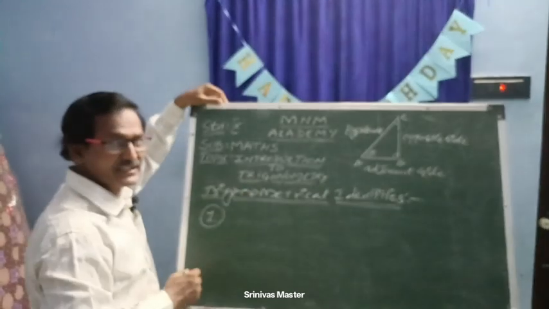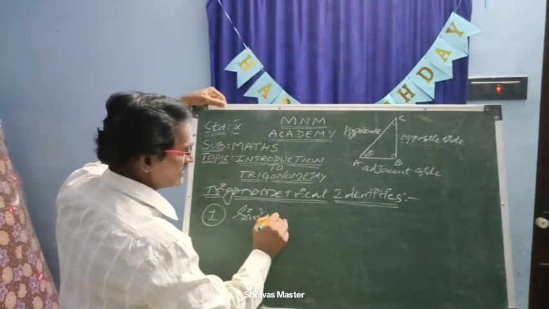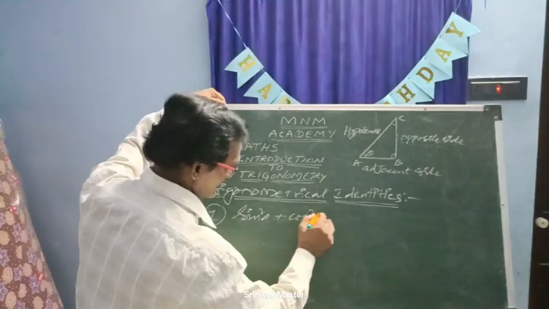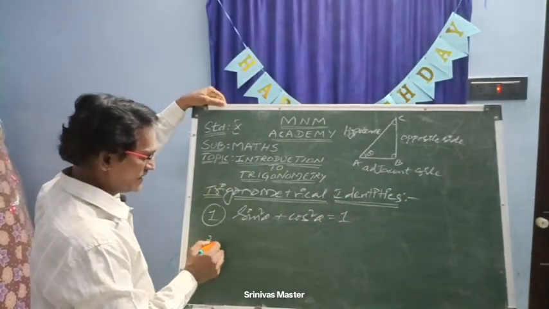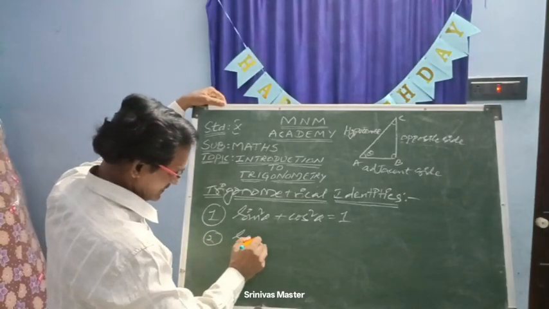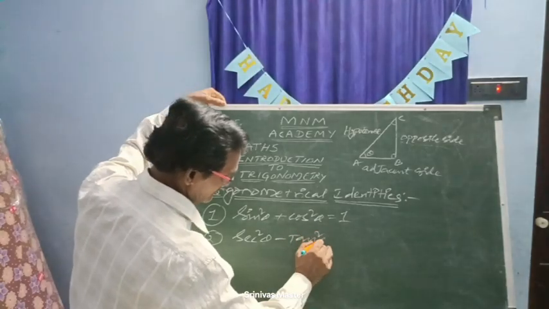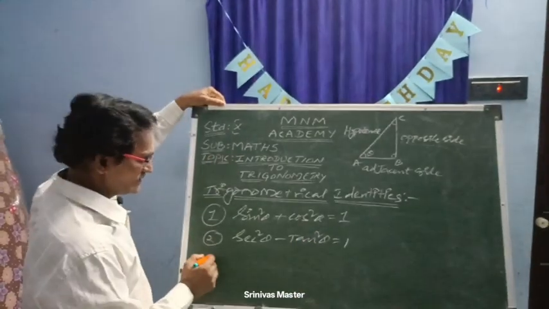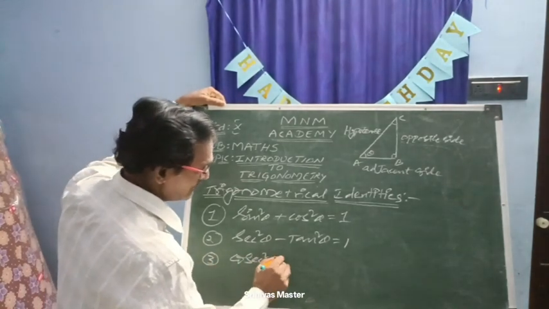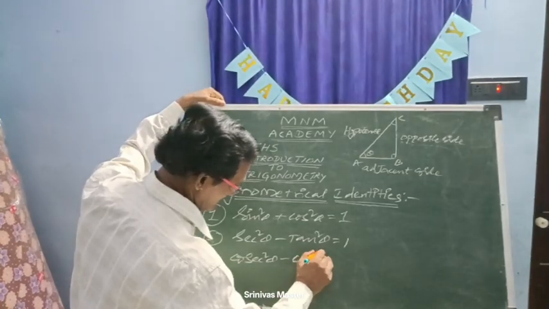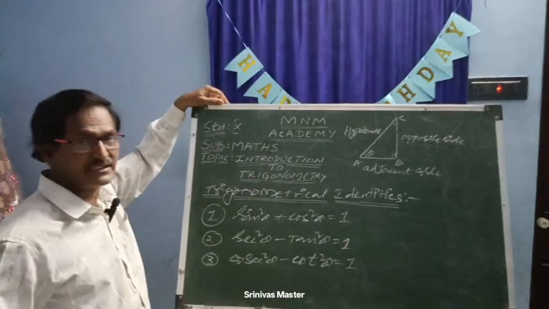With respect to theta, sine square theta plus cos square theta equal to 1. Okay, this is one of the identities. And the second one, sec square theta minus tan square theta equal to 1. Third one, cosec square theta minus cot square theta equal to 1.